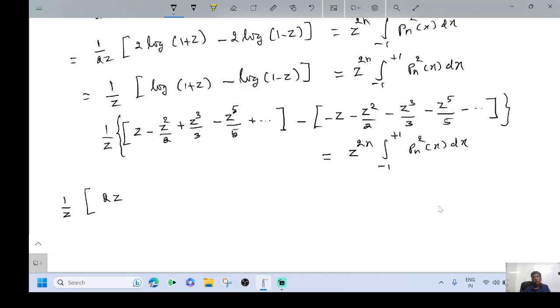So these two terms are cancelled out. This is minus z square by 2. This is plus z square by 2. So cancelled out. Z cube by 3 minus of this, minus and minus plus, 2 z cube by 3.